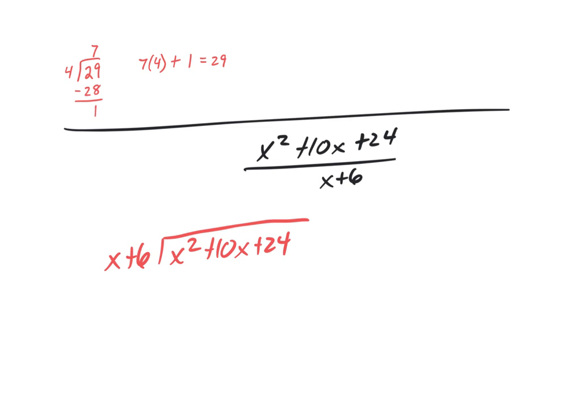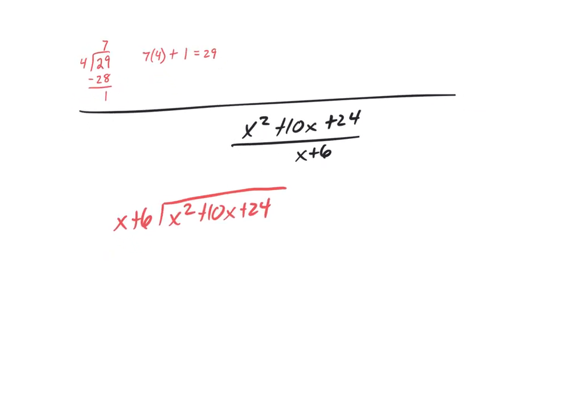Long division is kind of a tedious process, but we're going to look at the first two terms and ask ourselves, what do I have to multiply x by to get to x squared? x, yep.